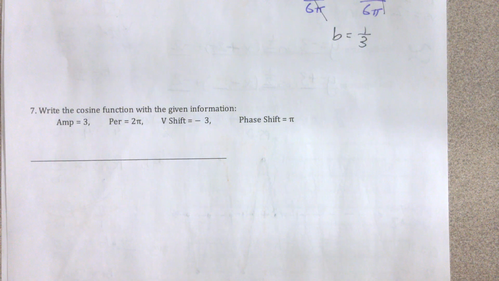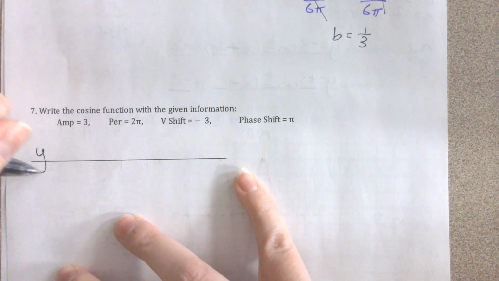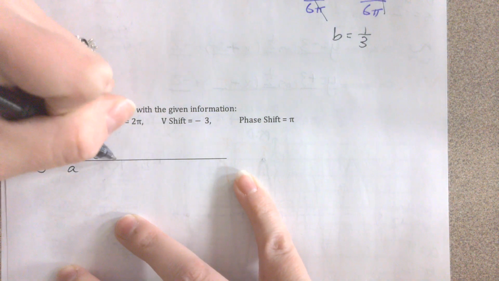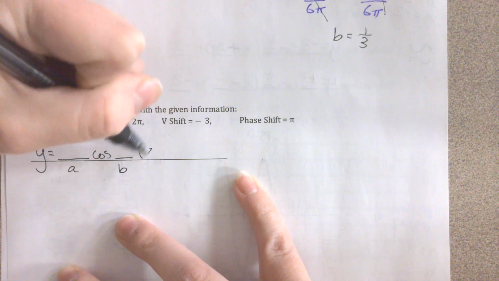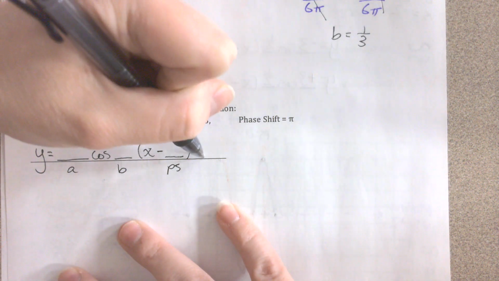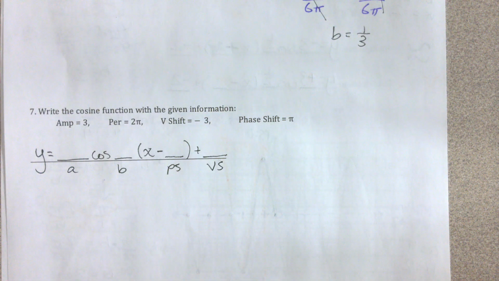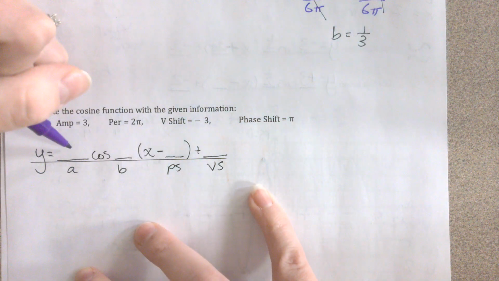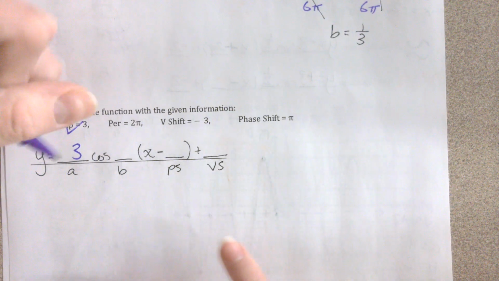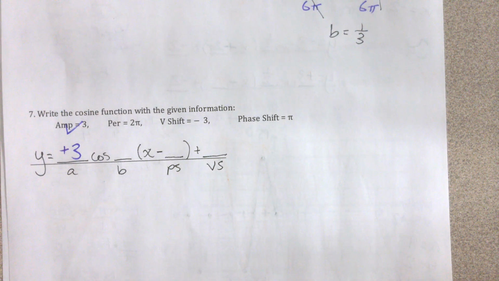One more. Number 7, same thing, but it's cosine. I'm going to set it up real quick. Y equals A cosine B, x minus phase shift plus vertical shift. Amplitude is 3. No mention of a reflection here, so I know it's positive.